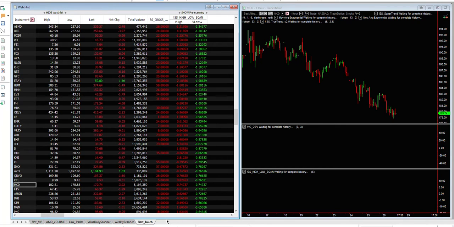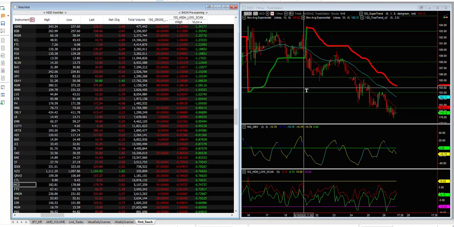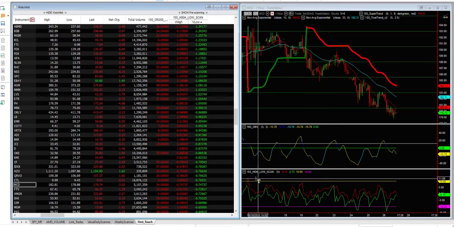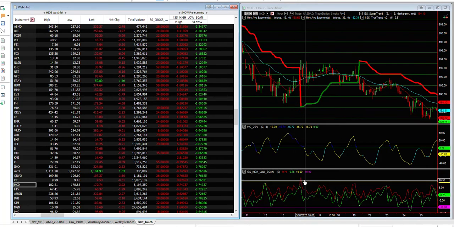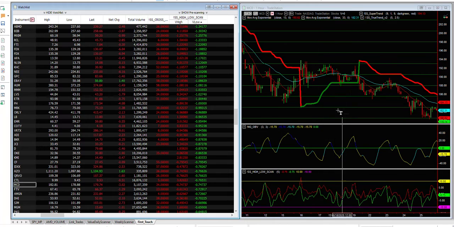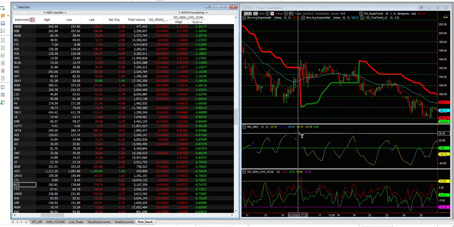So this is the 19th. Obviously, you can see this on the bottom, high low. It is at a high level, and also this is at a high level right here, 16, 20. So when you think that this is the time for going short, you look at the oscillators here.